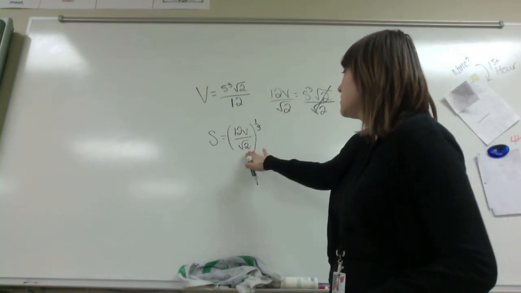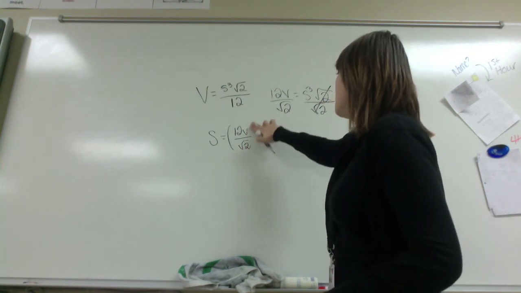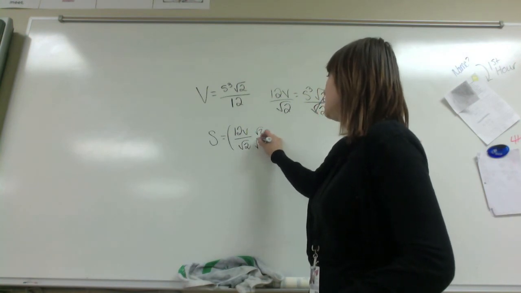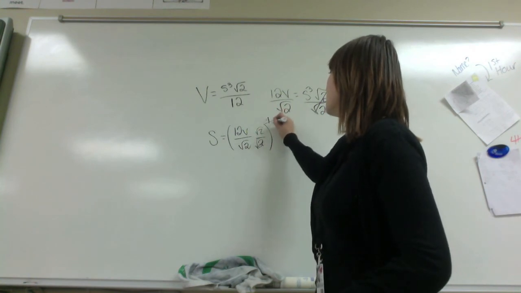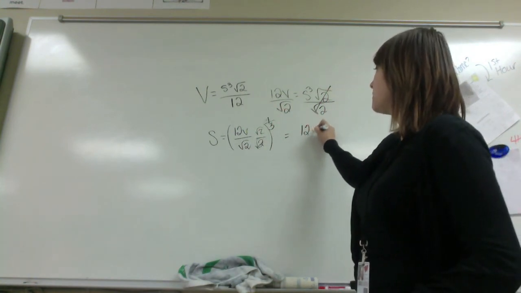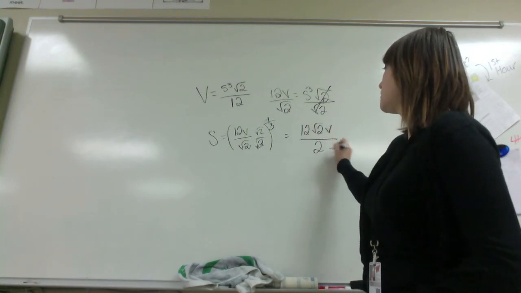So if I'm going to rationalize that, that means that I need to multiply by square root 2 over square root 2 in here. So I will have 12 square root 2 V over 2.